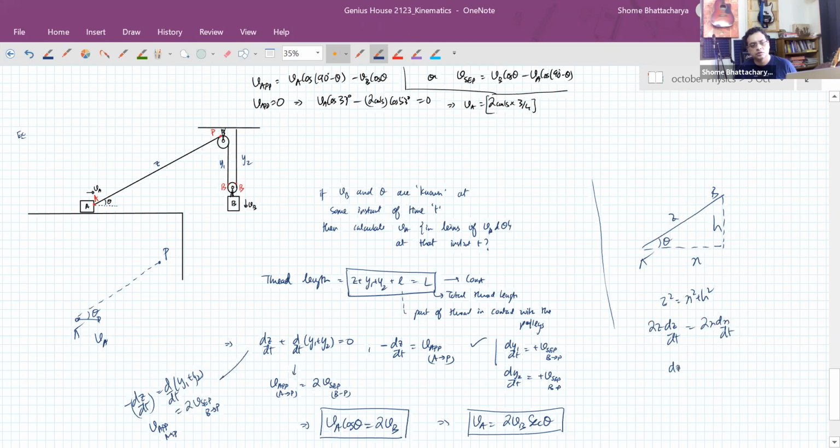Like this. So dz by dt, the rate at which that thread length is changing, would be equal to x by z, which is cos theta times dx by dt. So you can see that dz by dt would become minus va cos theta, because dx by dt would be minus va.